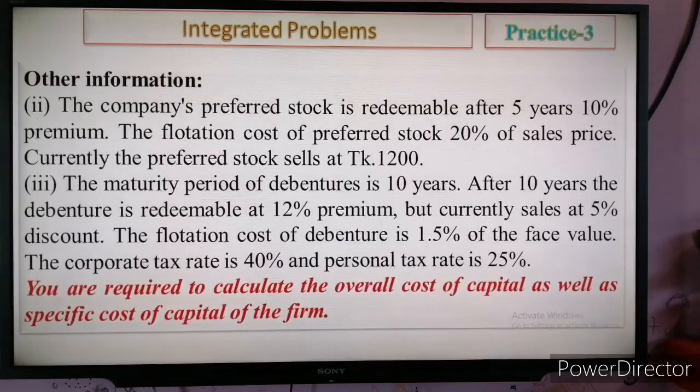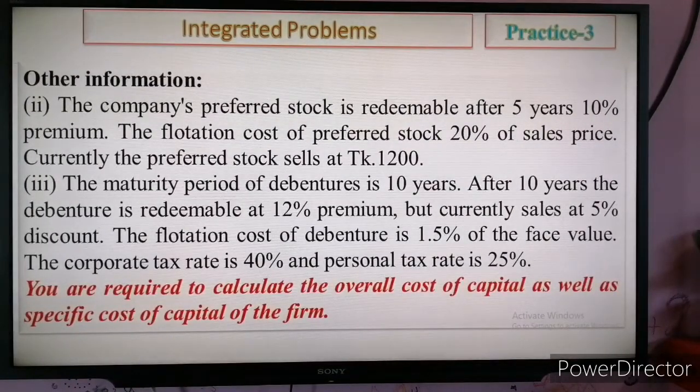Look, number 2: the company's preferred stock is redeemable. We have found this is redeemable preferred stock, so the formula will be changed. The company's preferred stock is redeemable after 5 years with a 10% premium.